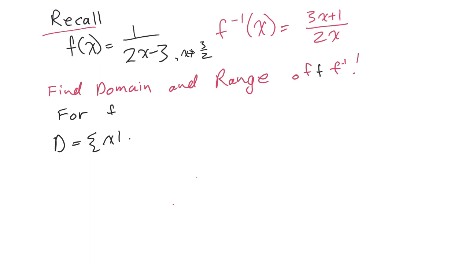So x such that x cannot equal 3/2. Okay? So you kind of have to look at the denominator of this function, and just check, right? And you can say, okay, it's not equal to 3/2, and x belongs to all real numbers. Okay, so that's for f, right? So now we'll just put like a little f to kind of represent that.